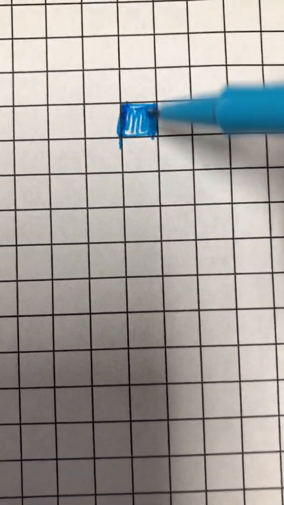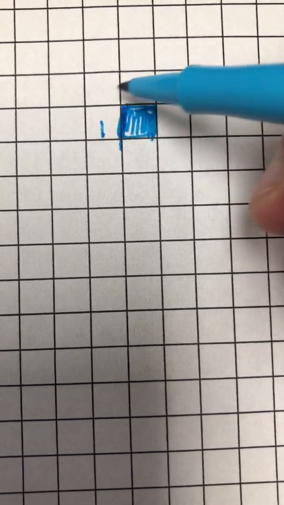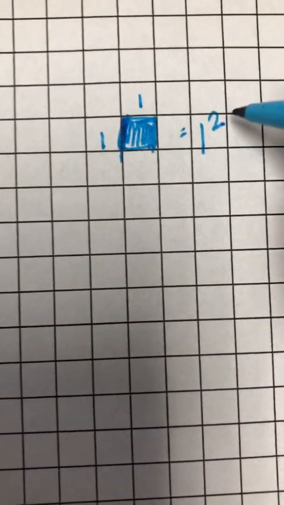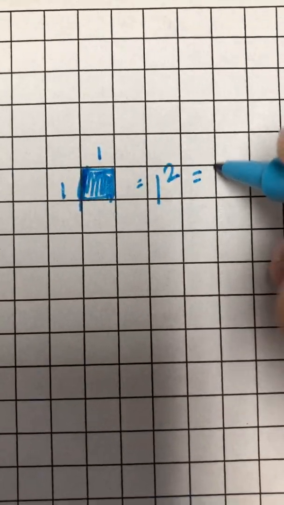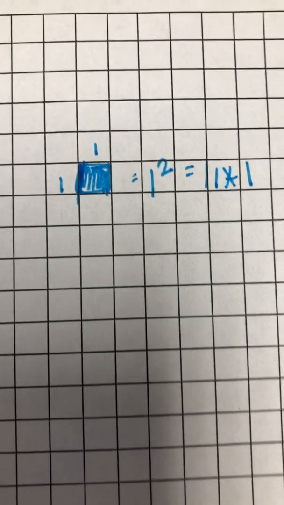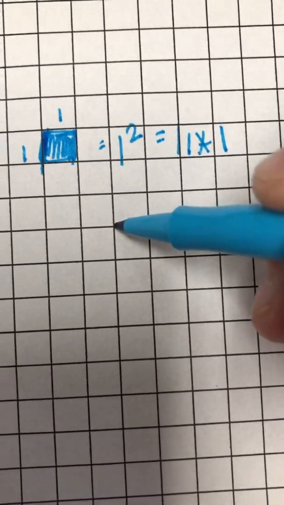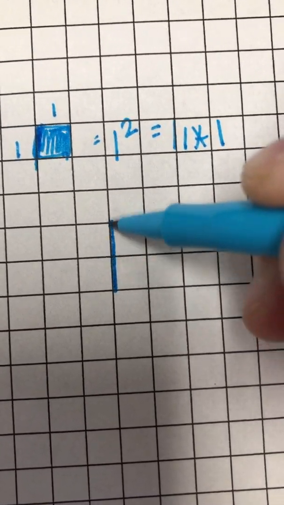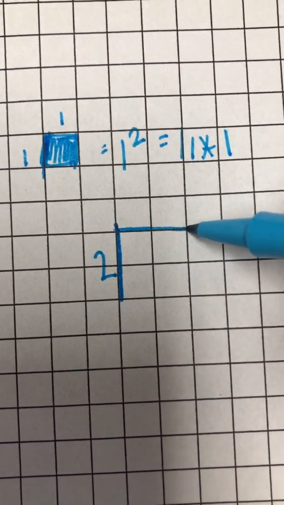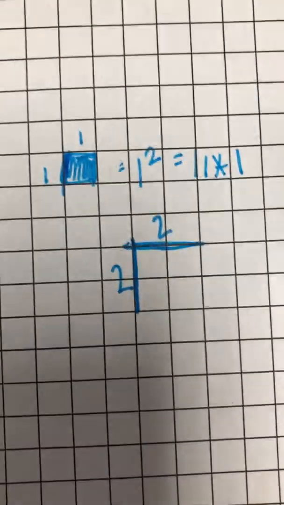The perfect square, this side here, equals this side. So we're filling that in. 1 and 1 equals 1 squared because we're multiplying the area of that square 1 times 1, right? So the perfect square that's bigger, that has a side of 2, and that means this side has to be 2 long as well.